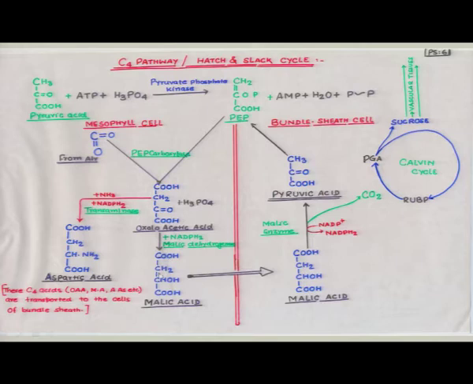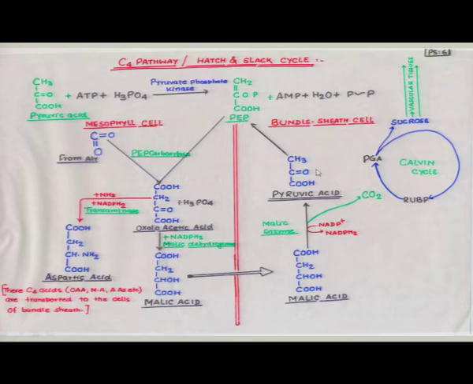The oxaloacetic acid is converted into malic acid in presence of NADPH2 and malic dehydrogenase, and when ammonia is present, it is converted into aspartic acid. This oxaloacetic acid, malic acid and other acids are transported to the bundle sheath cell.